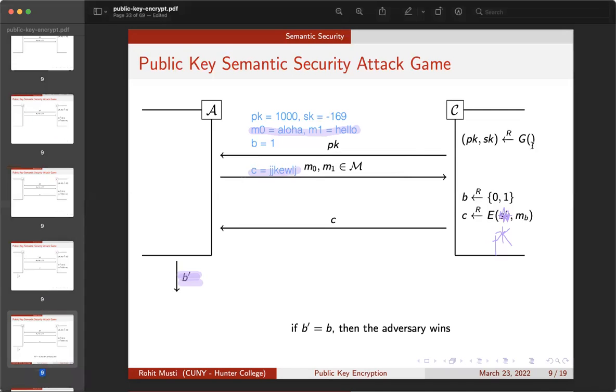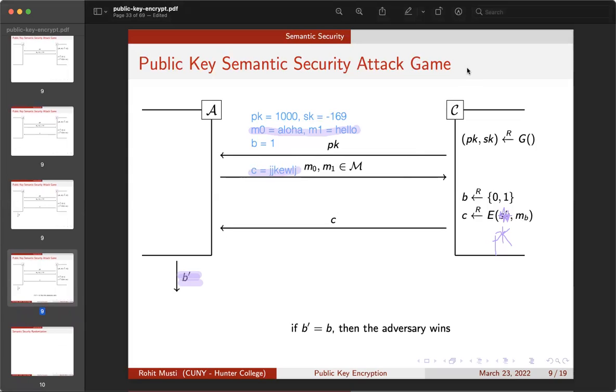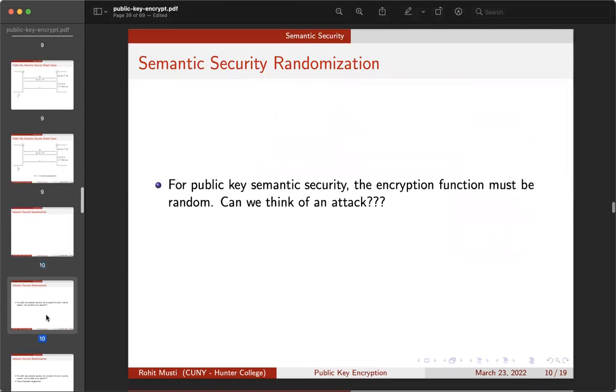Okay. So that is the attack game for semantic security for public keys. Now there's a couple of nice pieces of this, but they require some randomization. So for public key semantic security, the encryption function must be random.